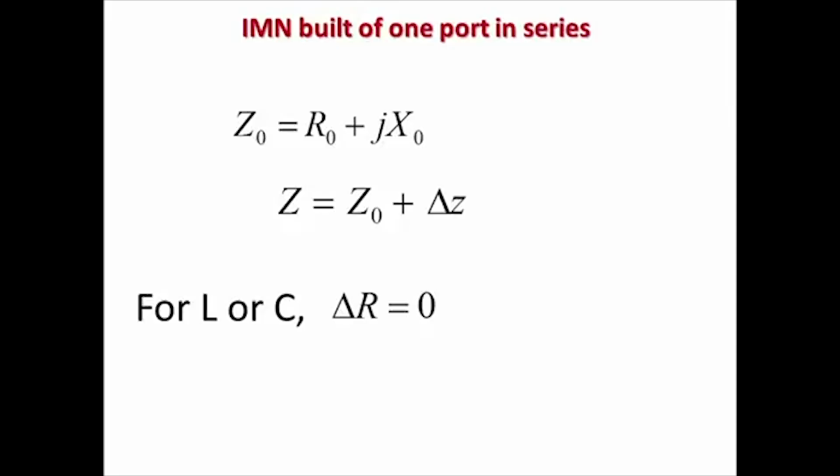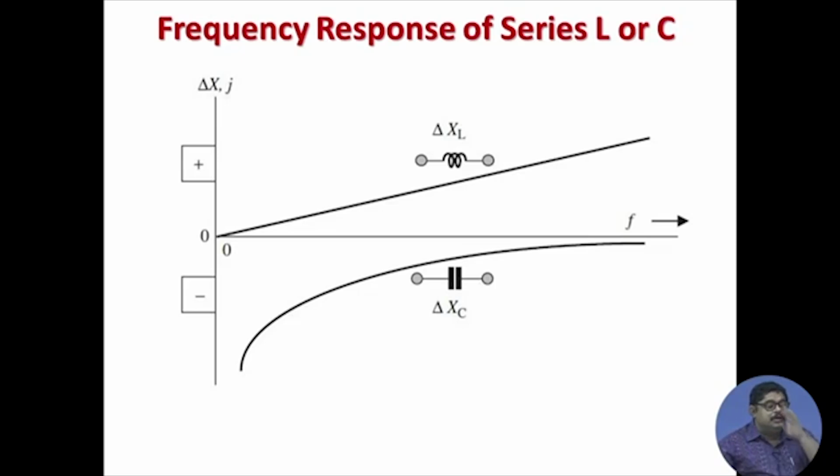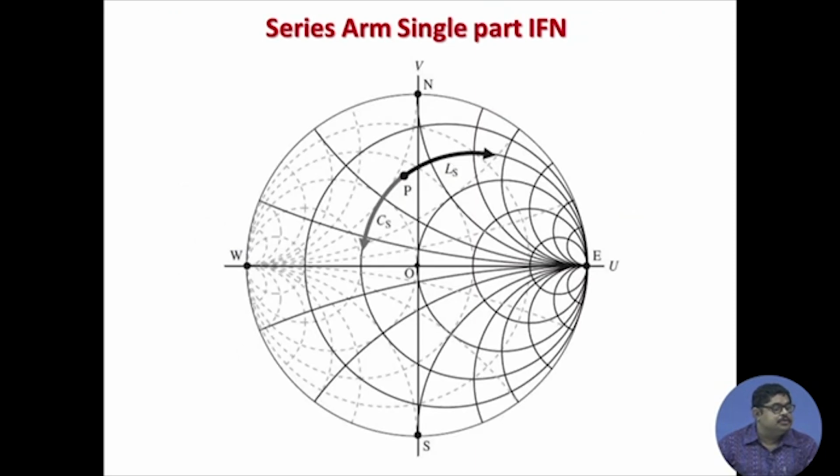You are adding that delta Z. Now, the frequency response of a series L or C varies like this. For inductance it varies linearly, for capacitance it varies not linearly, it is a hyperbola type of variation, and this frequency response is known.